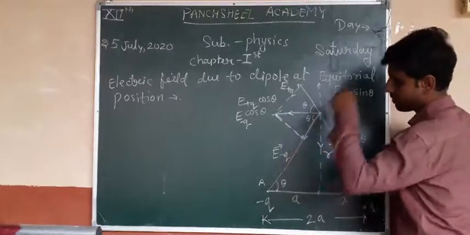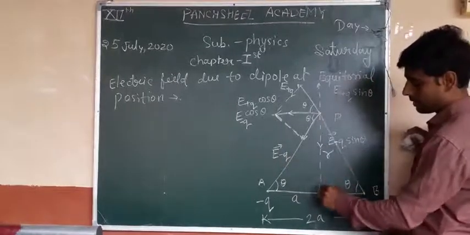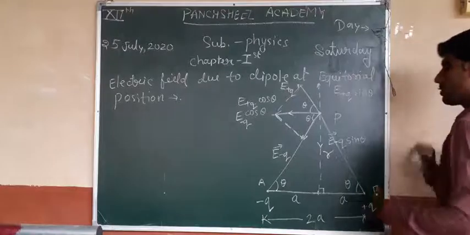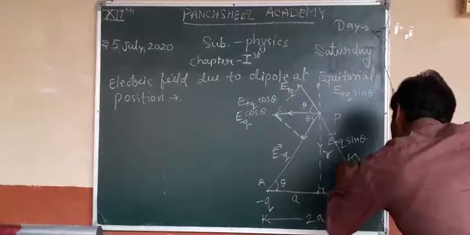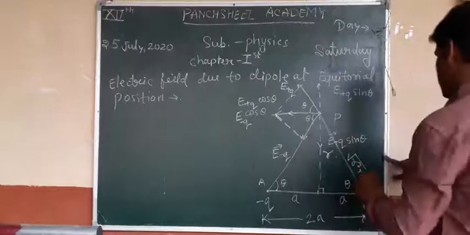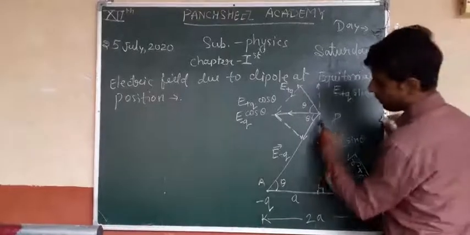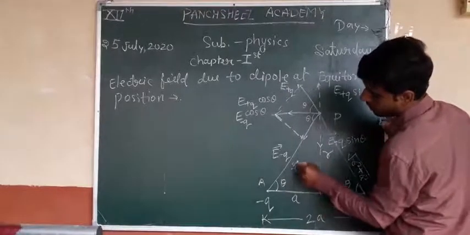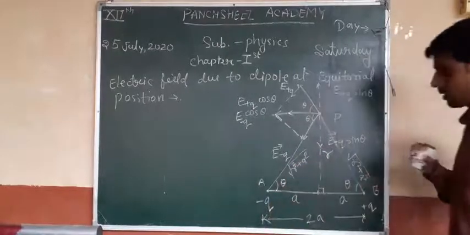Okay, consider this the right angle triangle. What is the value of this? So this value is r square plus a square, and this is the square root of r square plus a square.